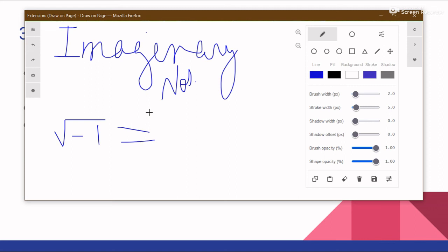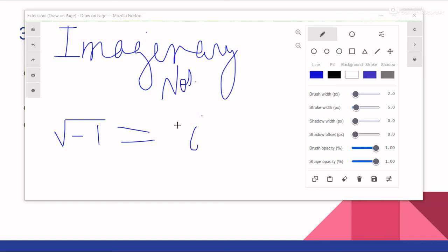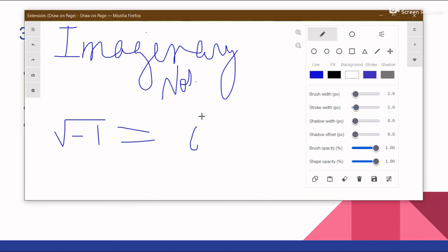Now, mathematicians have come up with an imaginary thing called i, let's say, which is also known as iota. So basically, the square root of negative 1 is equal to i.